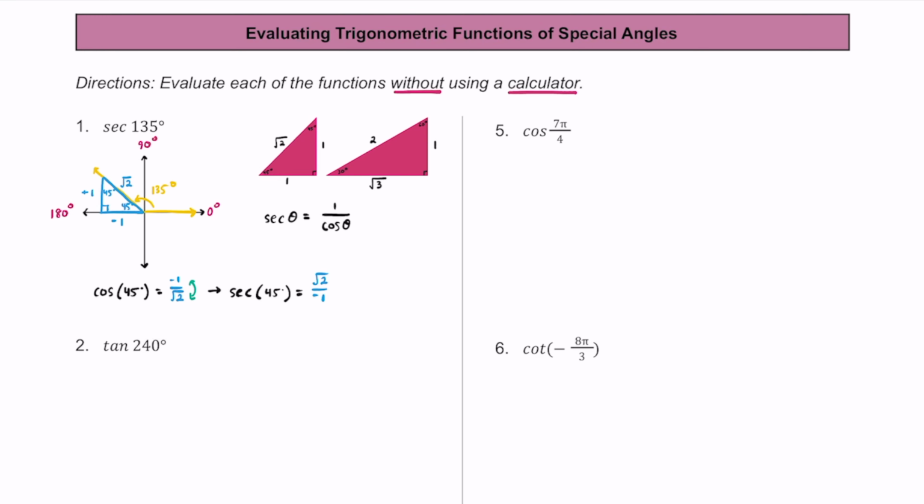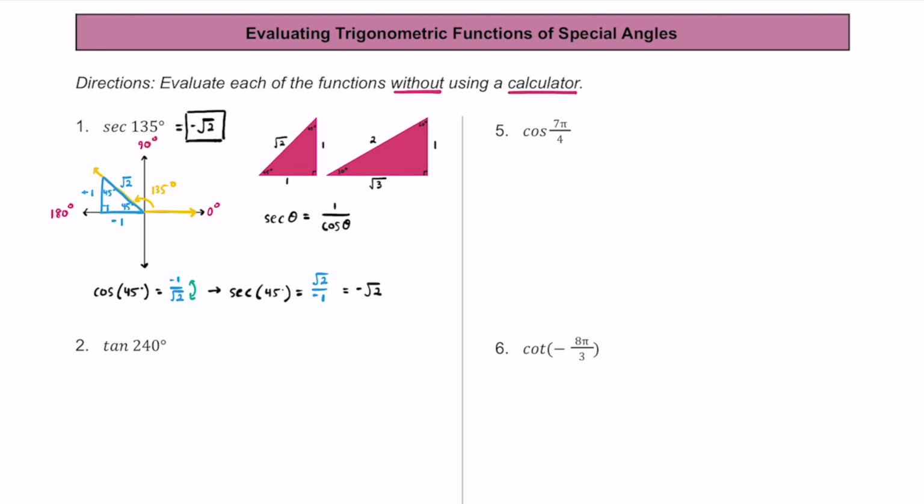And that's going to simplify down into just being -√2. Okay, so in conclusion, if we wanted to find secant of 135 degrees, that is going to equal -√2. So we were just using our reference triangles to help us find what secant of 135 was. 45 degrees was our reference angle to help us do that.